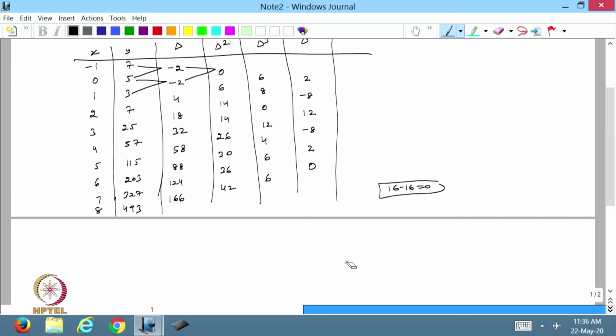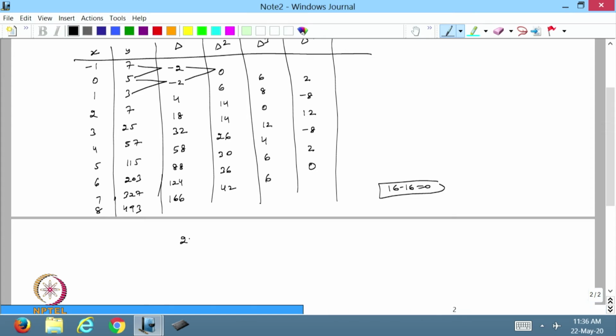So, if I stop here, I just take the 2 common, then I can write this as 1, minus 4, 6, minus 4 and 1, and from here I can write that this is the same as 1 minus 1 raised to power 4.